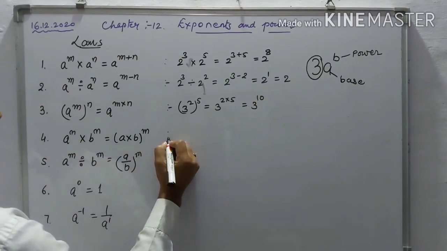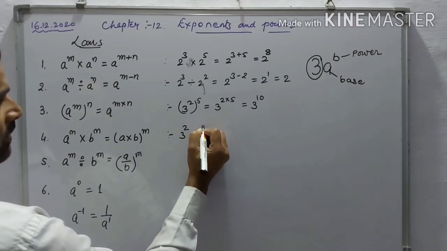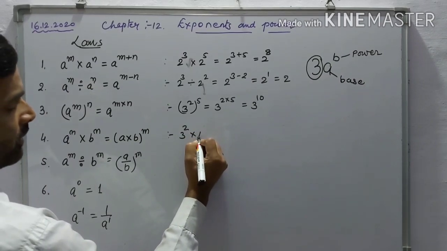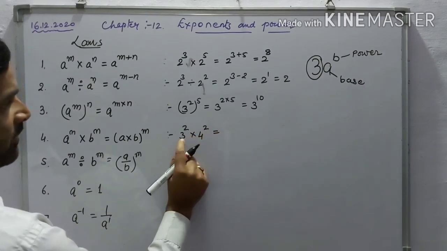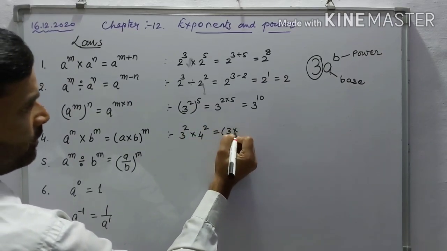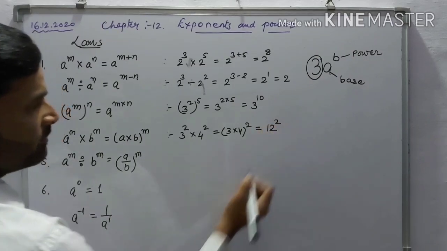Here is 3 power 2 into 4 power 2. The bases are different but powers are same. You write 3 into 4 whole power of 2, it means 12 power 2.